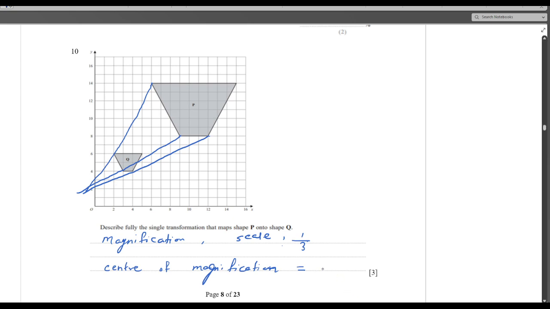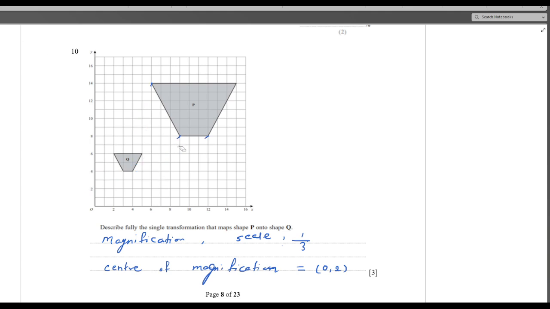So your center of magnification is (0, 2). Whatever point you find, that will be your center of magnification.